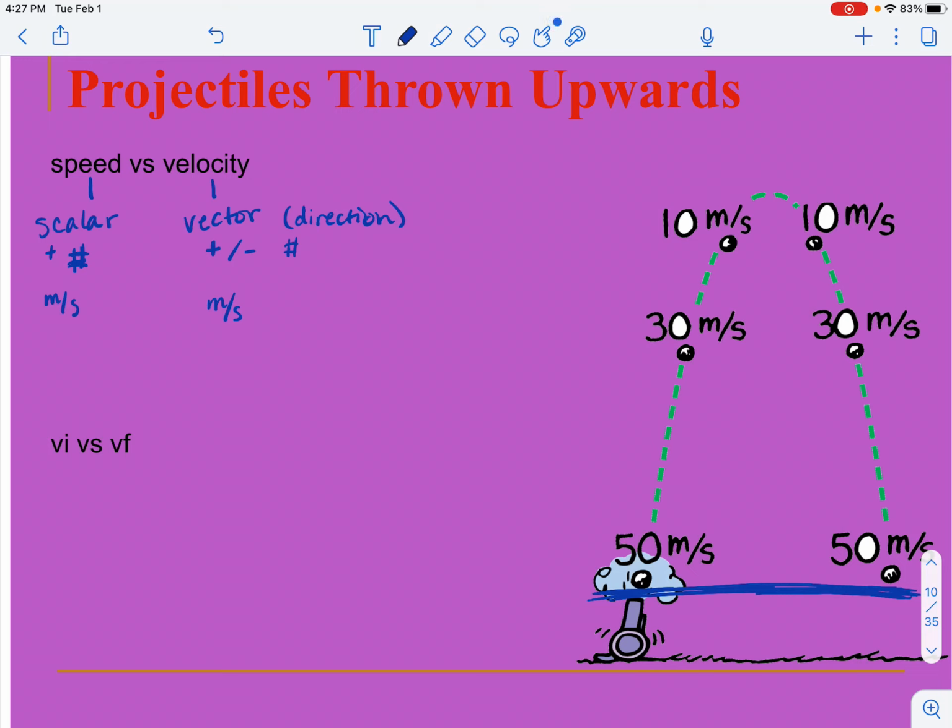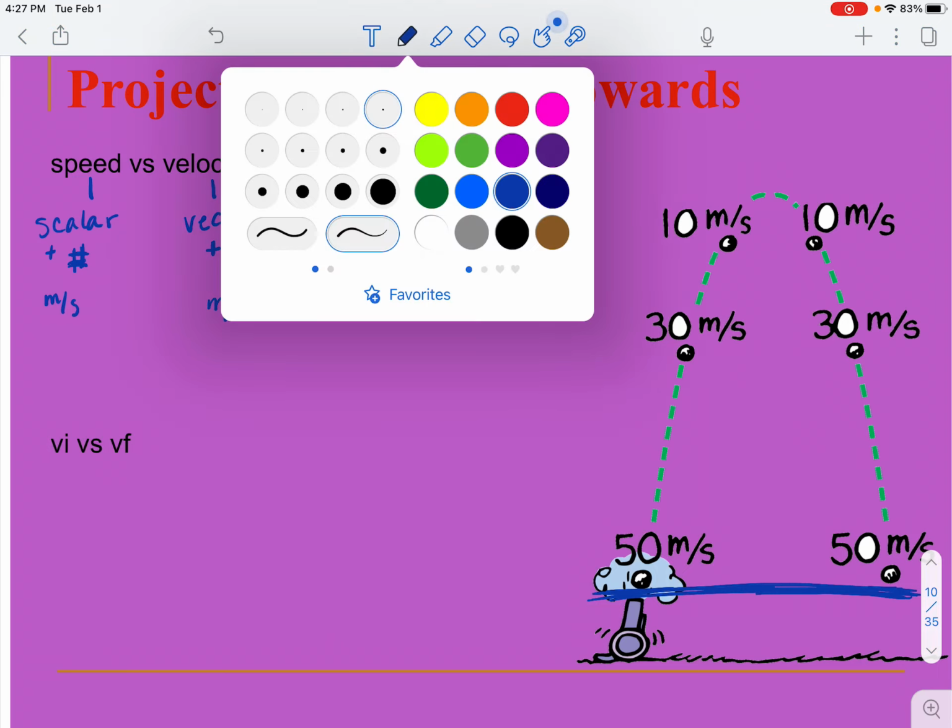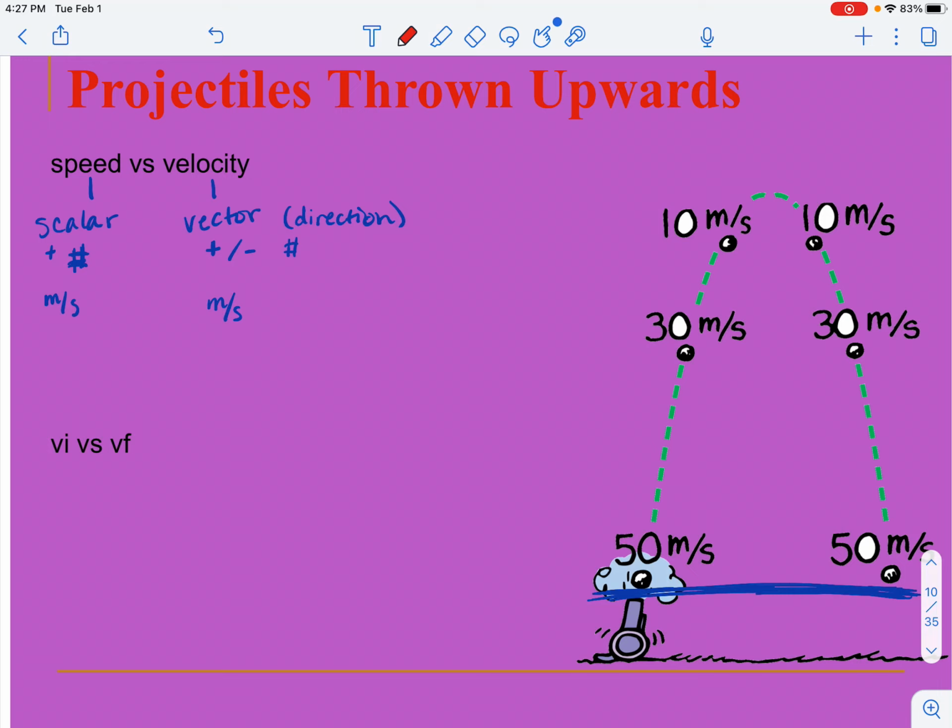Notice that those speeds are the same. If we are evaluating the velocity of our cannonball, we would have positive numbers for the first half of its motion, but here it's on its way down, so this technically should be a negative 10 if the question wants velocity, a negative 30 for velocity, and a negative 50 for velocity.